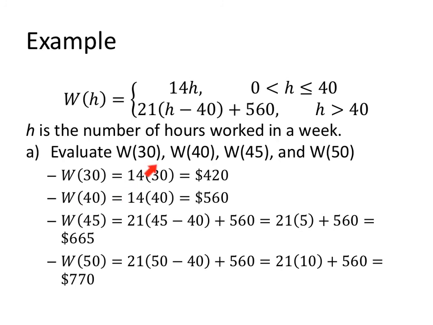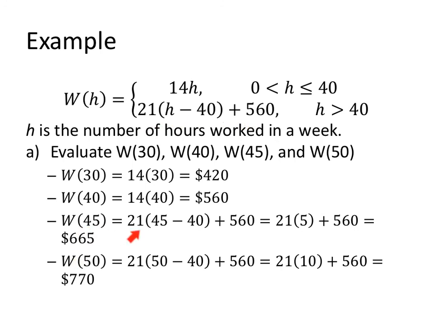For a 40-hour week, h equals 40. 14 times 40 gives me 560. Hey, look at that. That's what this 560 is. This is the wage if you worked 40 hours. And then this piece is the amount of pay over 40 hours, combining to give you your total wage.